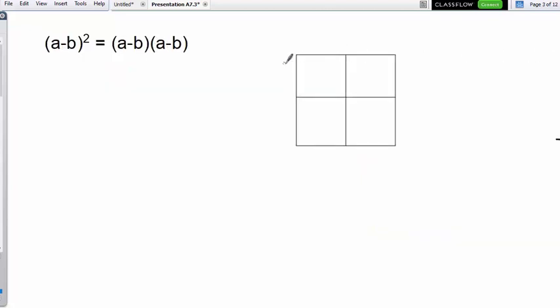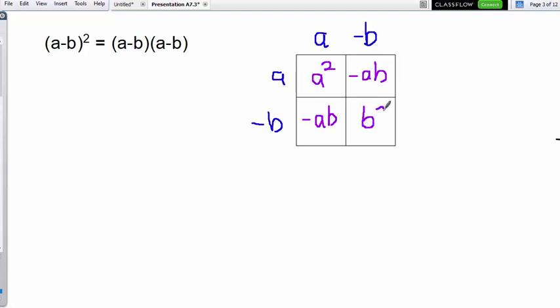This is our second pattern, and in this pattern here, we're going to have a negative sign on the B. And then once we follow the multiplication table, A squared, the negative is going to go in front, alphabetical order, AB. Again, the negative goes in front, alphabetical order. And negative times negative is positive.